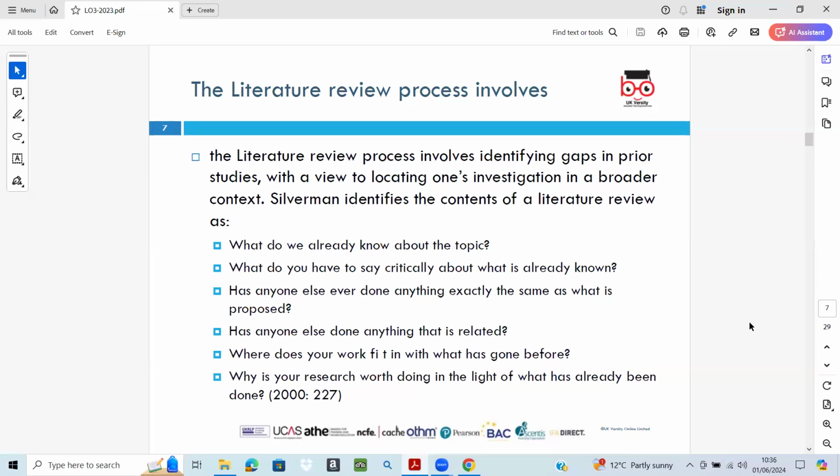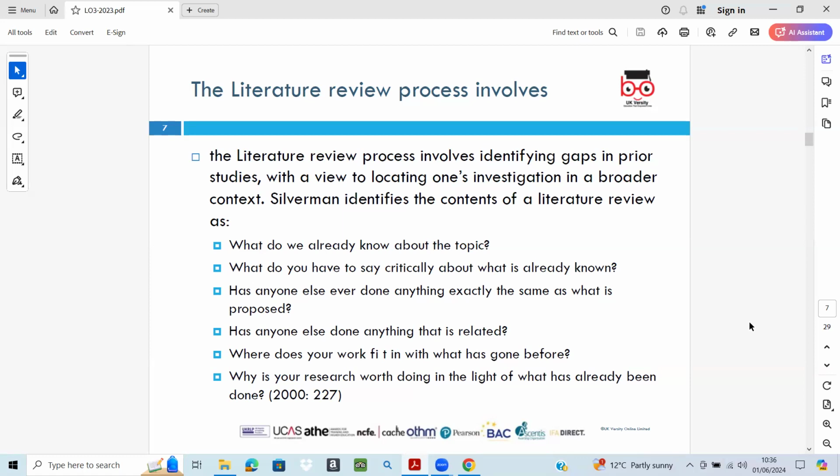So first we have the literature review process. The literature review process is more than just reading and summarizing previous research. It involves identifying gaps in prior studies and placing our own investigation within a broader context.